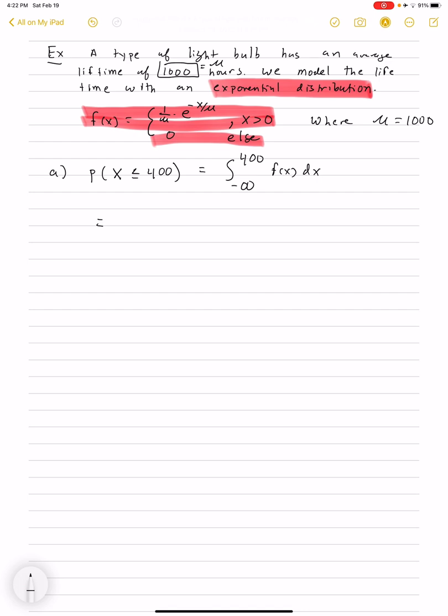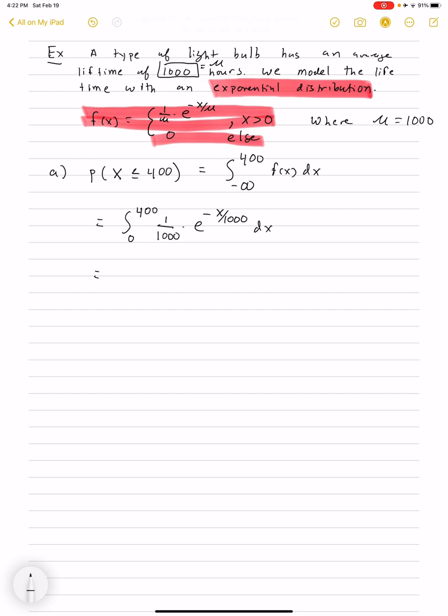Okay, well, first note, this density only applies for x greater than 0, so it's the integral from 0 to 400 of f of x, which is 1 over 1,000 times e to the minus x over 1,000 dx. We can anti-differentiate this just by doing a u substitution, u is equal to minus x over 1,000.